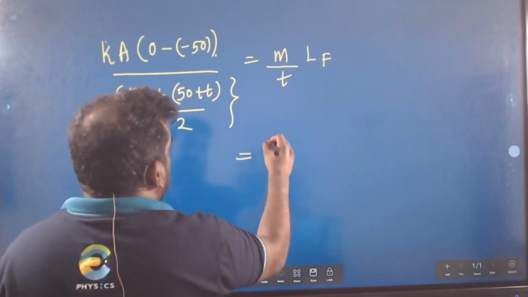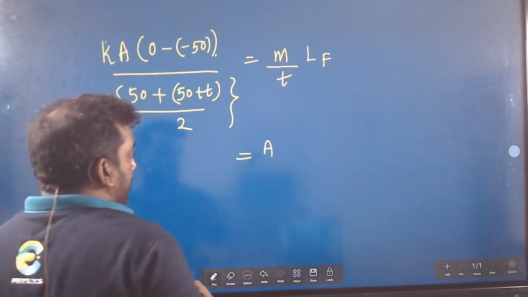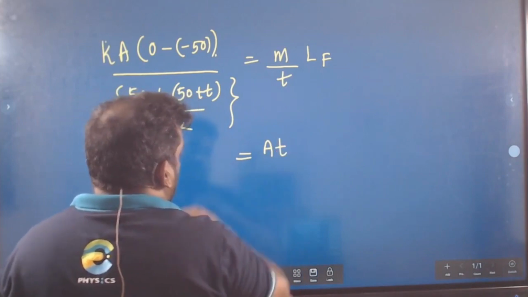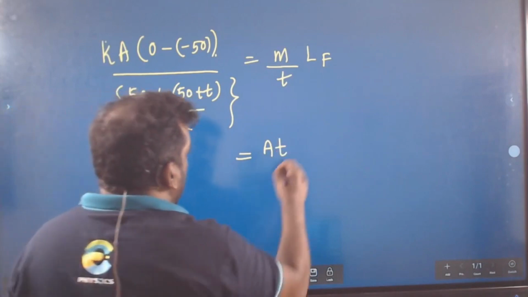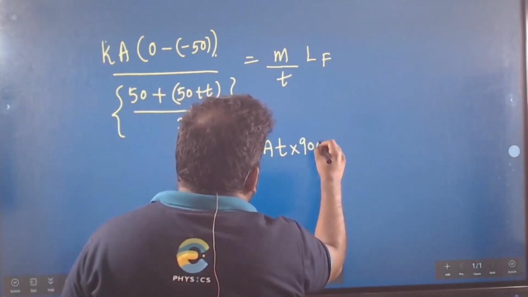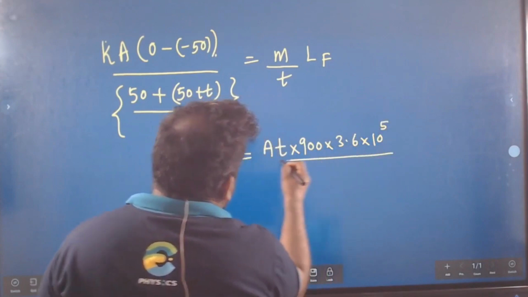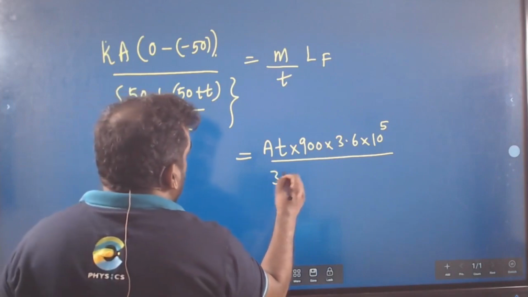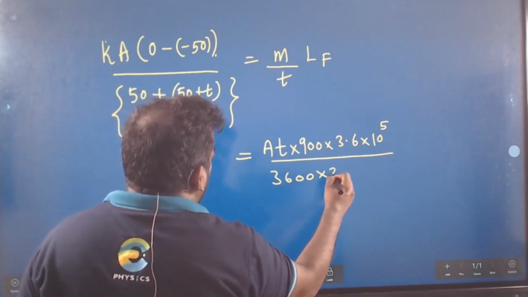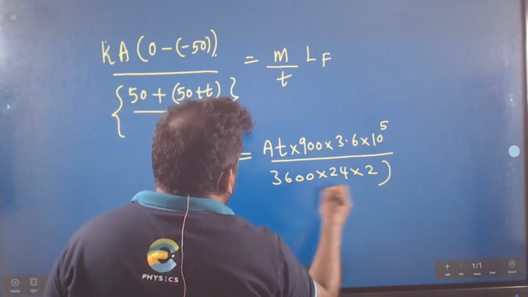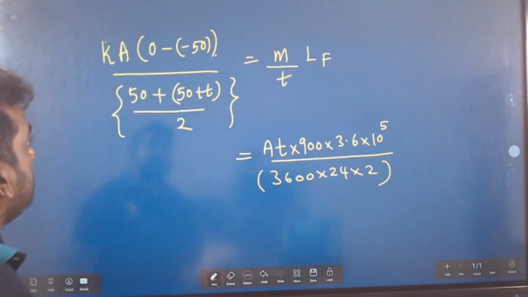Mass is area into thickness, area into thickness is the volume, volume into density. 3.6 times 10 to the power 5. 2 days: 1 hour is 3600, times 24 times 2 days. So many seconds.